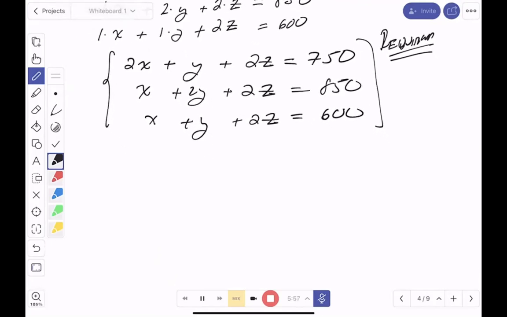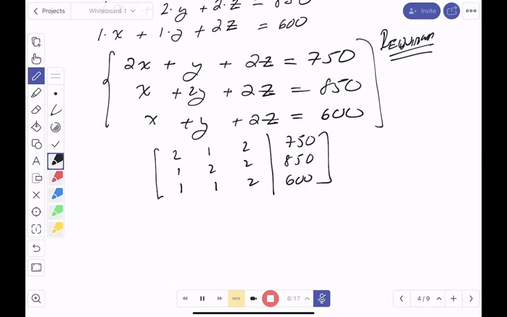And I have the answer to that. I kind of like reduced row echelon form, so I'm going to use an augmented matrix: 2, 1, 2, 1, 2, 2, 1, 1, 2, line 750, 850, 600. What am I going to do here?